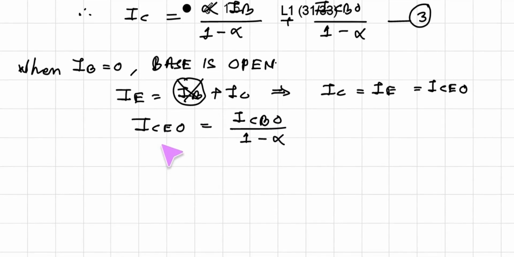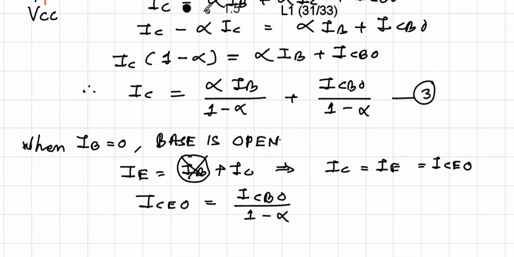So here we have this value of ICEO, but in equation 3 we have already one term, that is ICBO upon 1 minus alpha. So we can replace this term by ICEO.